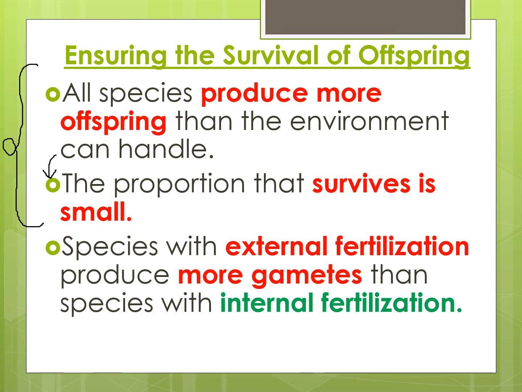Next, we see that species with external fertilization produce more gametes than species which have internal fertilization. An example of an organism which reproduces using external fertilization is a fish, for example. And an example of internal fertilization can refer to fertilization that takes place in mammals like humans or cows, for example.